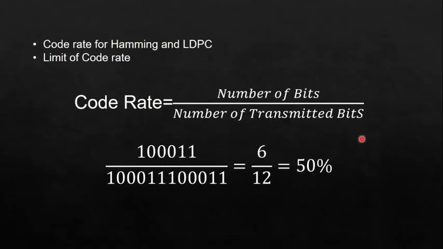Now, what is code rate? Code rate is basically the number of bits over the number of transmitted bits. For example, if we have 6 bits and then 12 bits in Hamming code, that gives us a code rate of 50%. As the code rate decreases, our protection increases, and so does the cost and expense of transmitting the data over a medium.